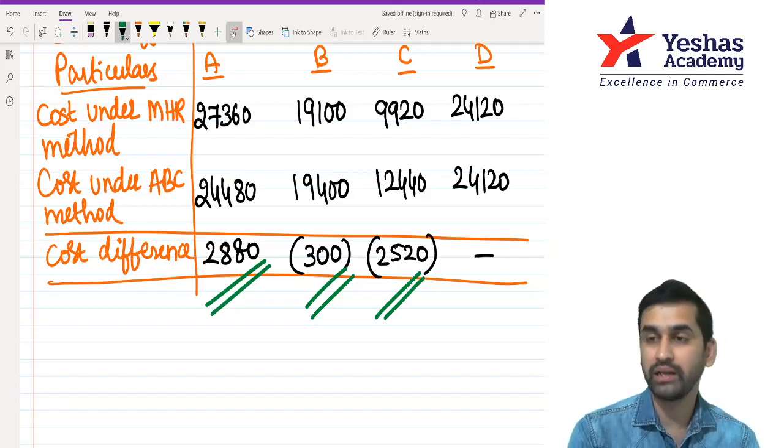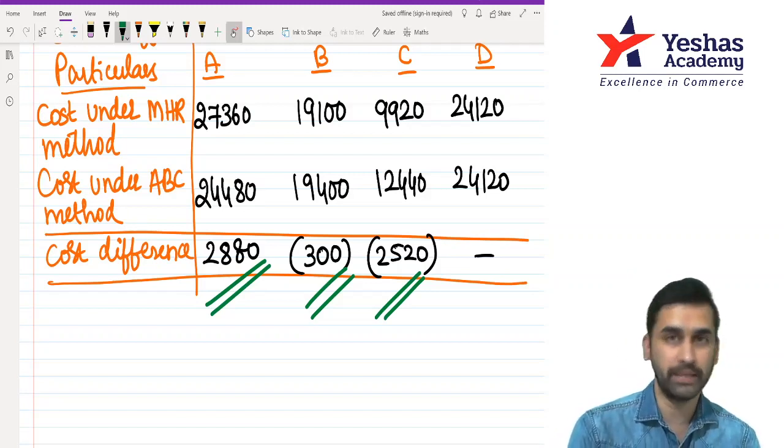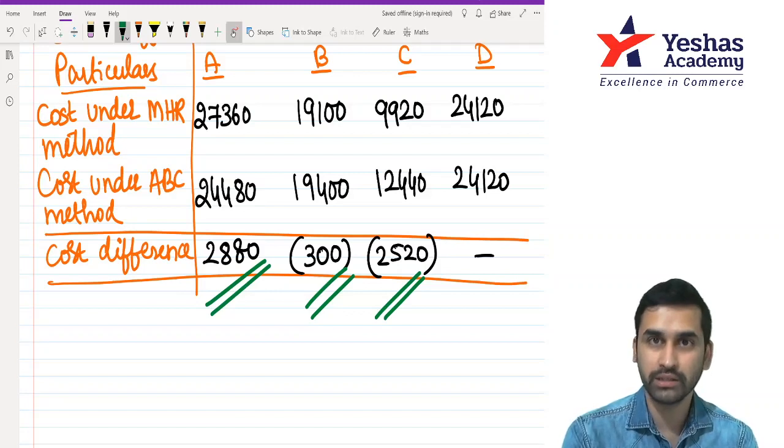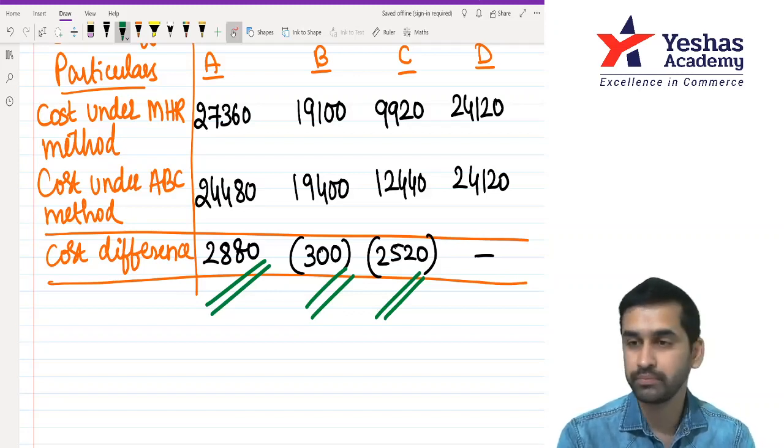In bracket you write, in this case machine time. Close the bracket.